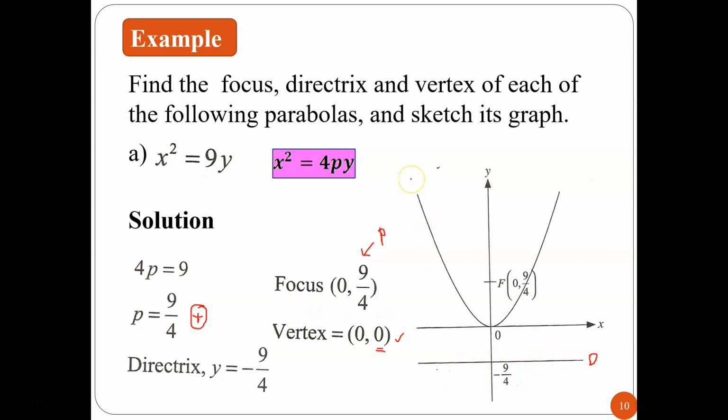So when we sketch our graph, you will have a parabola opening upwards. And this is your vertex, 0, 0.